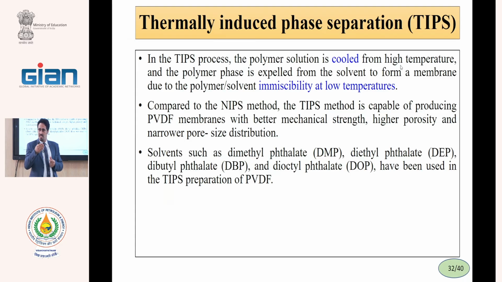When the temperature reaches 70, the solution will change to not soluble, and phase inversion happens. With reduction of the temperature, the solubility is removed, and a soluble solution will change to insoluble, and we do not need a non-solvent. And this is named thermally induced phase separation.